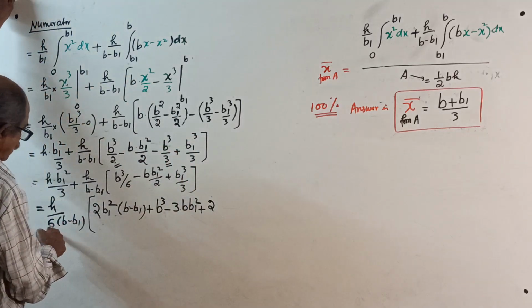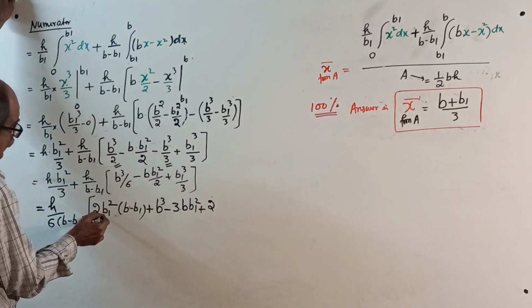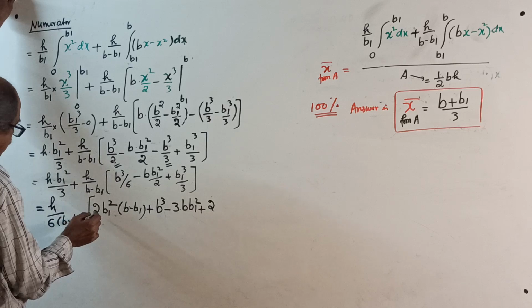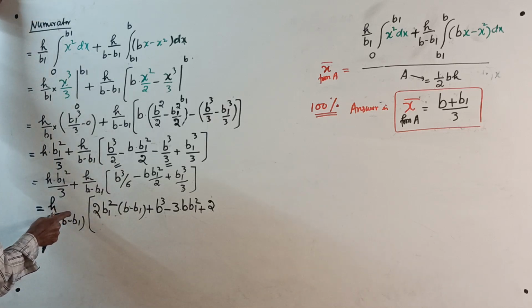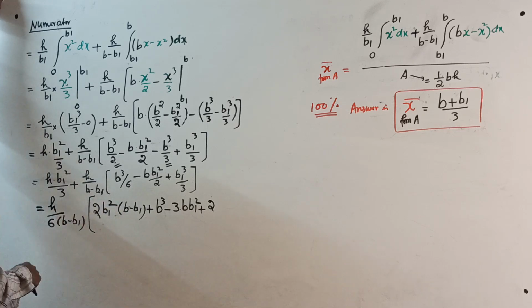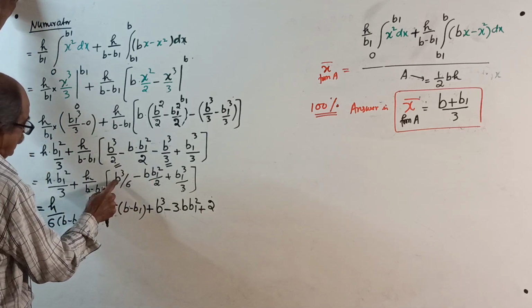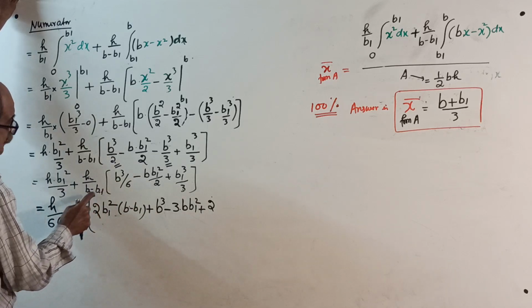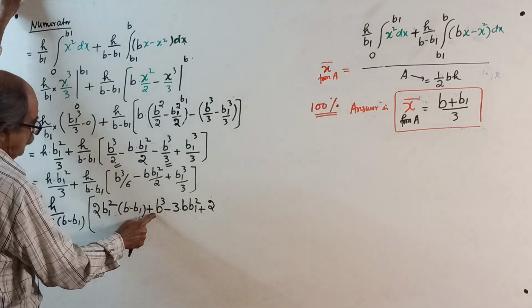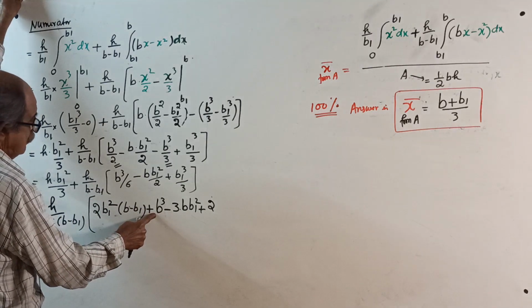Okay, now 6 outside is, this is over, b2, when I take outside, here see, 2 b1 square into b minus b1, correct, and then plus b minus b1 has got out, 6 outside, 2 is there. Why only b cube?